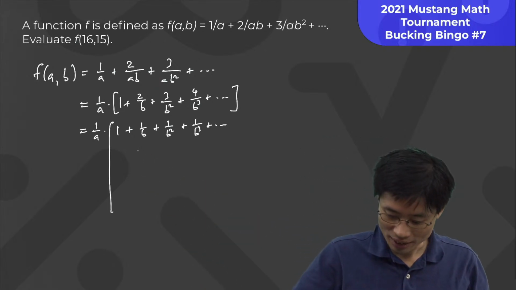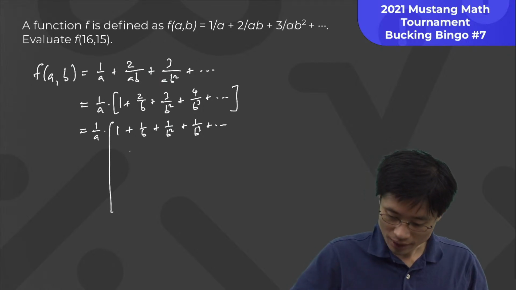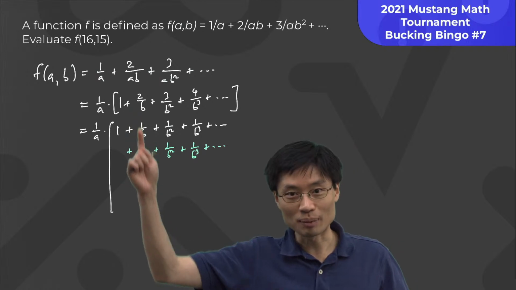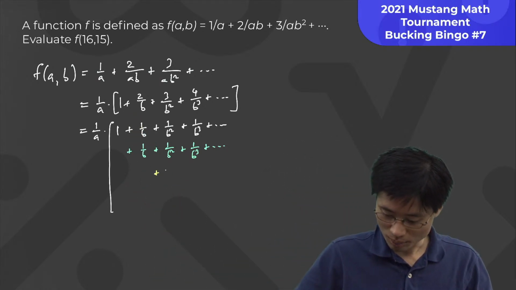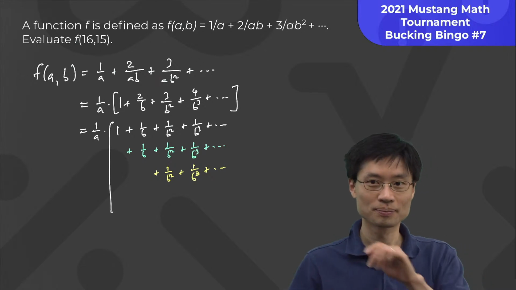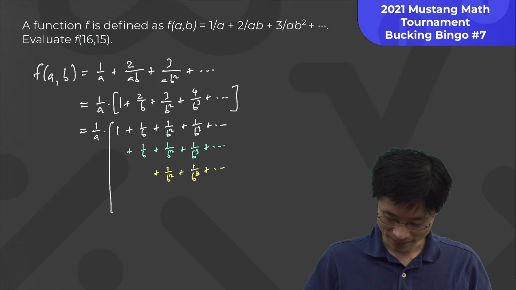Oh yeah, okay. So let's add another, in a different color: 1 over b plus 1 over b squared plus 1 over b cubed plus forever. See that? Now I got my 2 over b. How do I get 3 over b squared? Well, let's just do it again. Plus 1 over b squared plus 1 over b cubed, and go on. Do you see what this is doing? Each of these is nice. What's the next row?